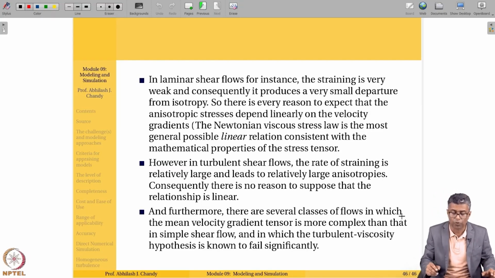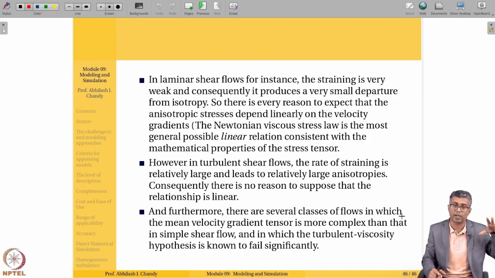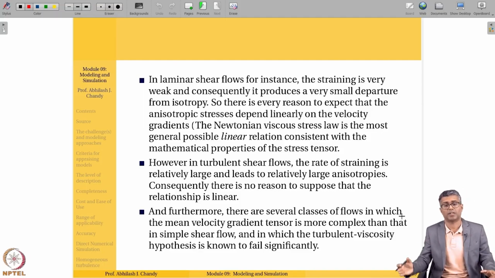However, in turbulent shear flows, the rate of straining is very large and leads to relatively large anisotropy. So there is no reason to assume that the relationship between turbulent stress and turbulent strain is linear.